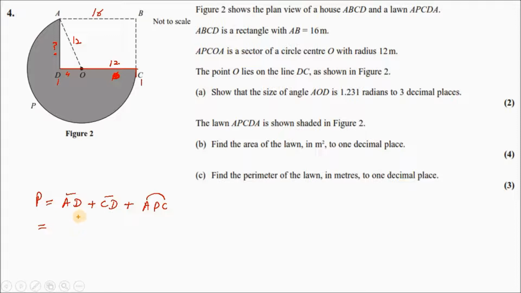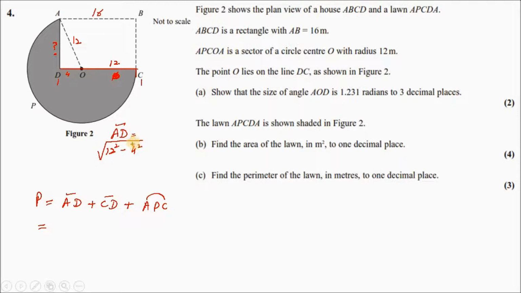So AD is the square root of 12 squared minus 4 squared.